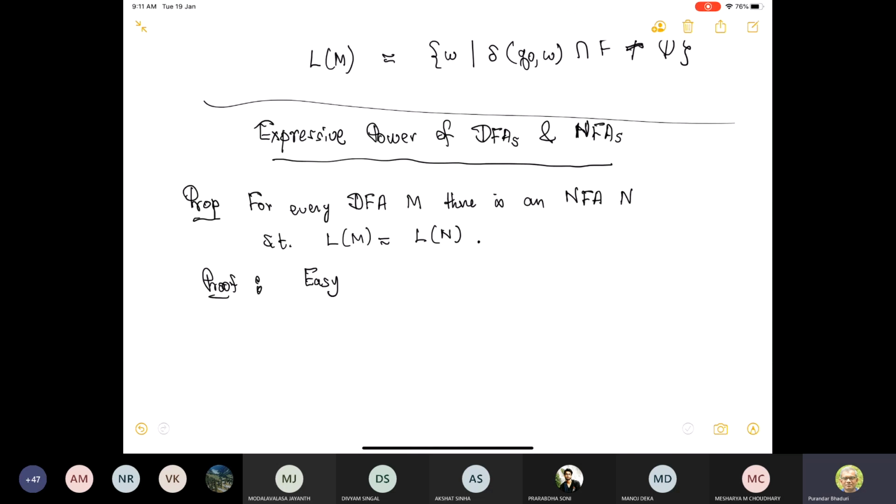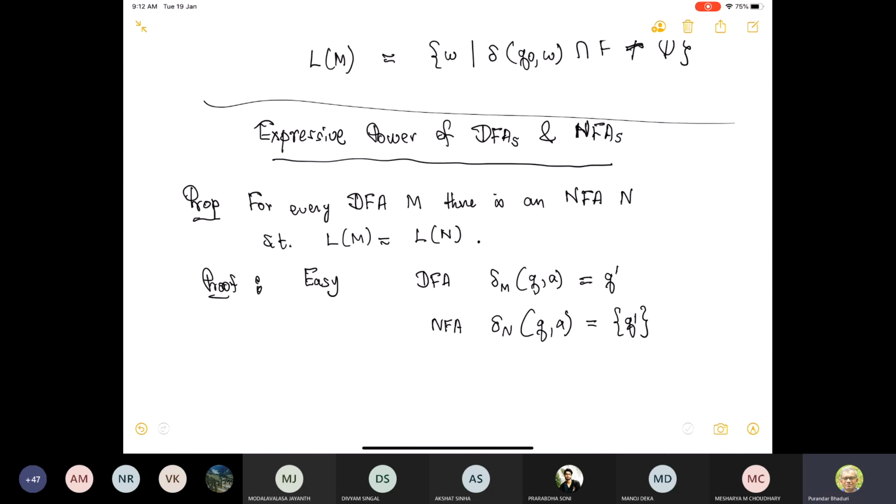So for every symbol and every state, if in the DFA you have, let me write it this way using the subscript, delta Q A equals Q dash, then in the NFA, for Q and A, you will have the singleton set containing Q dash, right?